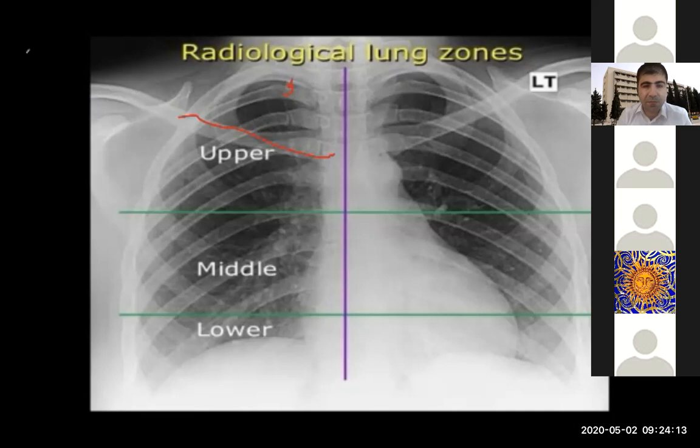About the diaphragm, we will check for any tenting of the diaphragm, any free air under the diaphragm on the right side and the left side, and we have to check for the gastric bubble. On the right side, it's about 1 inch, 2.5 centimeters. This is a normal chest X-ray.